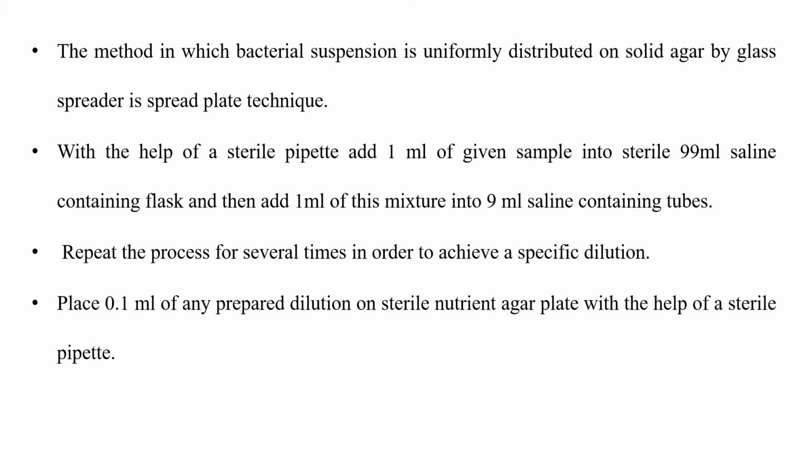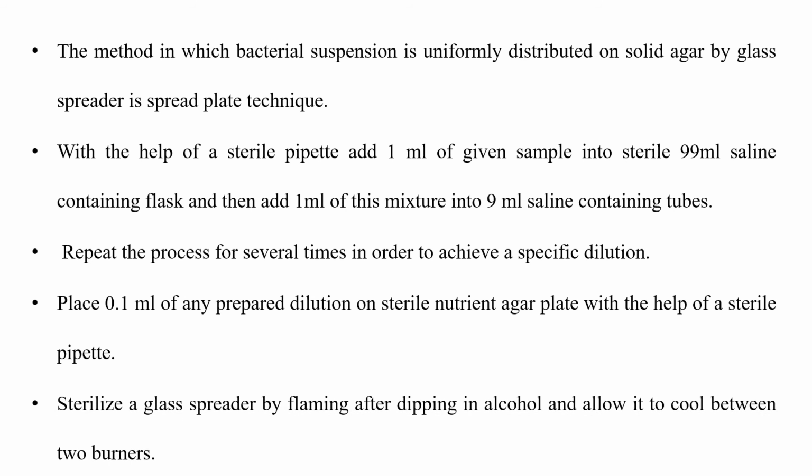So in this case also you have to first carry out the dilution of the sample to reduce the microbial load which is present within that sample. Then place 0.1 ml of the prepared dilution on a sterile nutrient agar plate with the help of a sterile pipette.